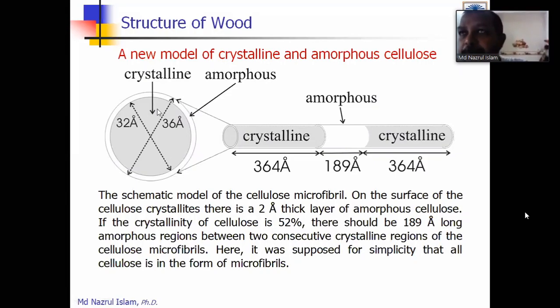The first is that in a microfibril, some part is amorphous and some part is crystalline. In the second, recent proposal, scientists are saying that the inner portion of the cellulose chain is crystalline, and the outer portion of the cellulose is amorphous.